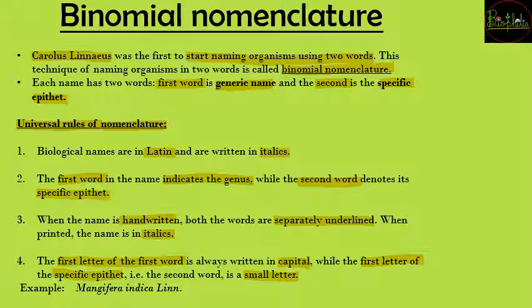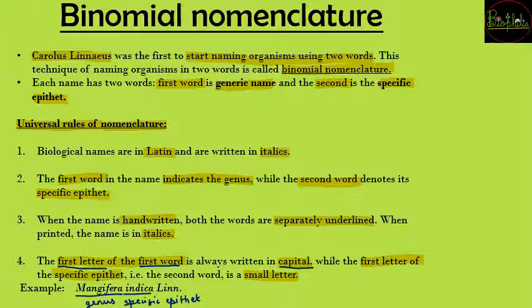So to understand this last point, let's see the example. Example में क्या है? This word is going to be your genus name, and this is going to be your species epithet. So this is your specific epithet, the second word. तो यहाँ पे हमने क्या देखा था? First letter of the first word needs to be capital.